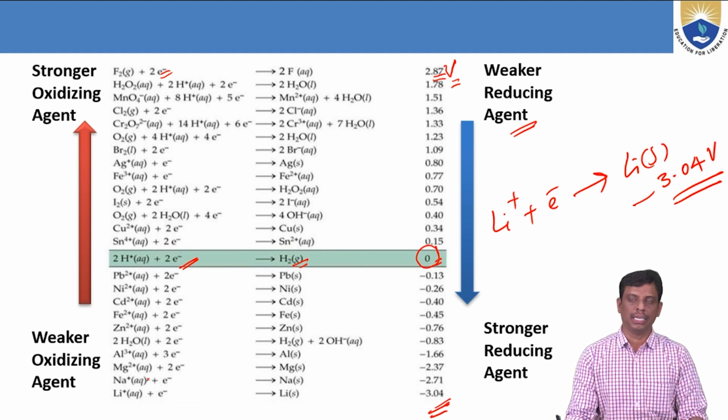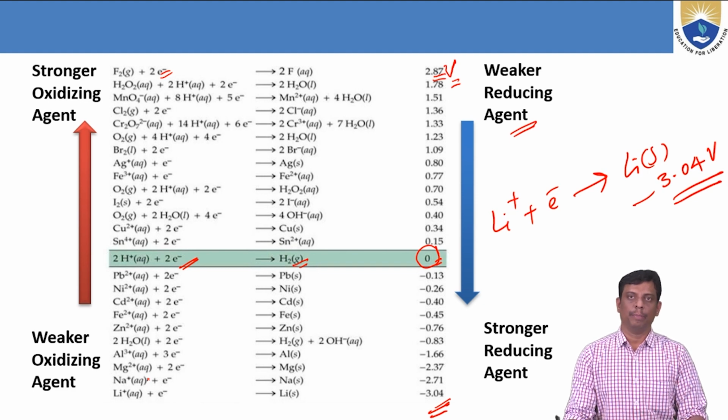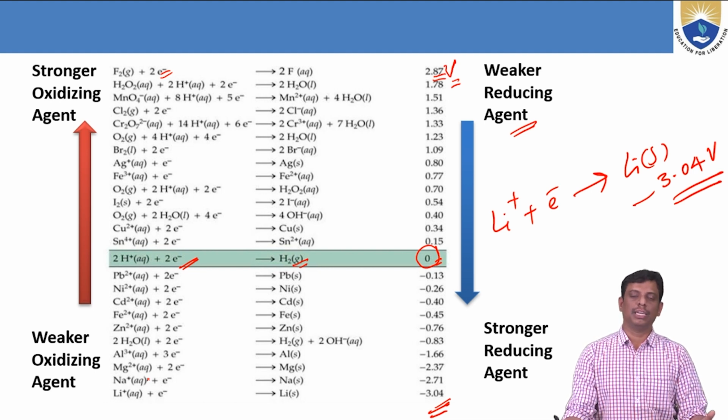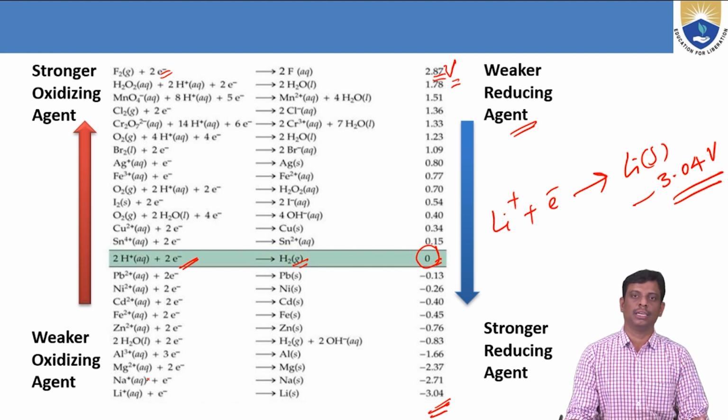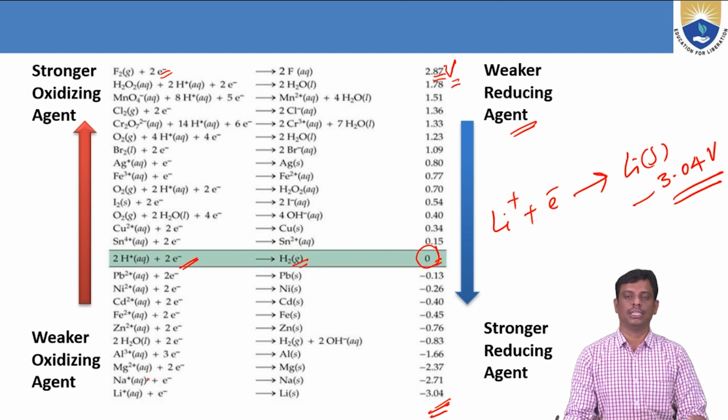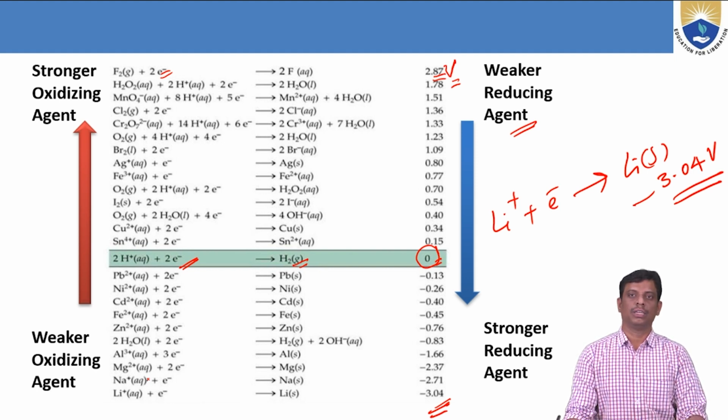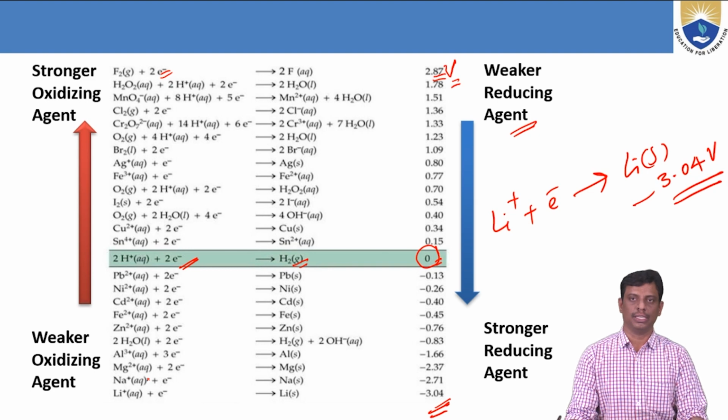We can easily predict which element acts as a stronger or weaker reducing agent, and which acts as a stronger or weaker oxidizing agent, using these standard reduction potentials.